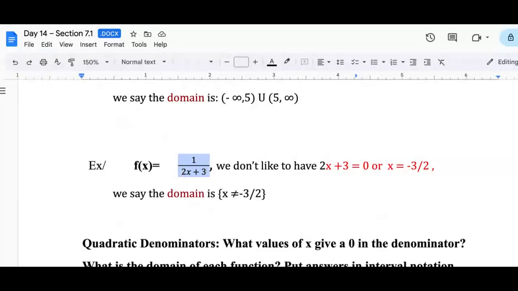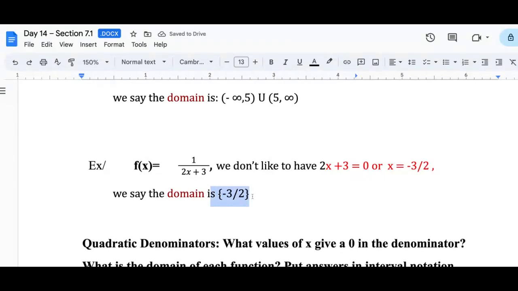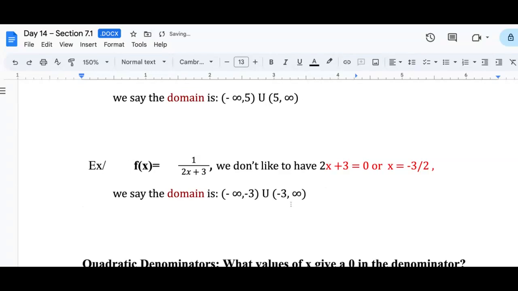Same thing for this one. We take the denominator 2x plus 3. We say, okay, that cannot be 0. Then we solve. That means x cannot be -3 over 2. We use the interval notation. Let me actually copy paste. But this becomes -3 halves.